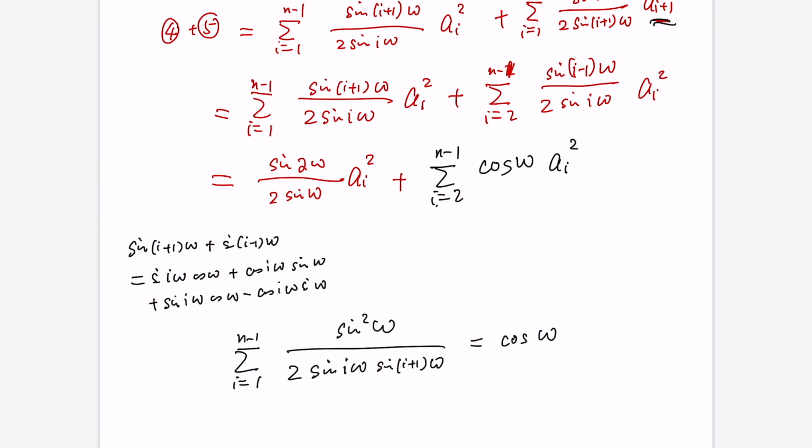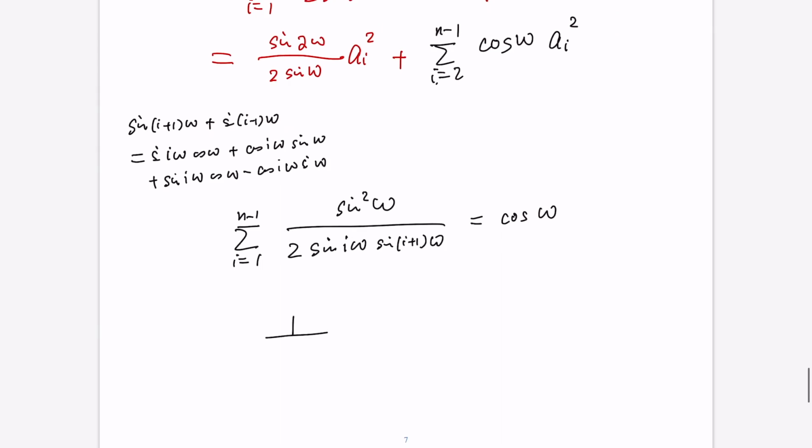I would use something like, I forgot the method. You basically write this as sine i omega minus sine (i plus 1) omega. Let's try this.